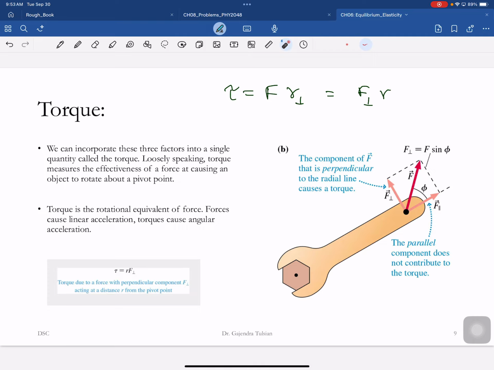Here's the force. That force is broken up into this component and this component. This component is going right through the hinge, so it has 0 torque. Only this component has a torque, and it's this force times this distance. So torque is the perpendicular component times the distance at which it's applied.